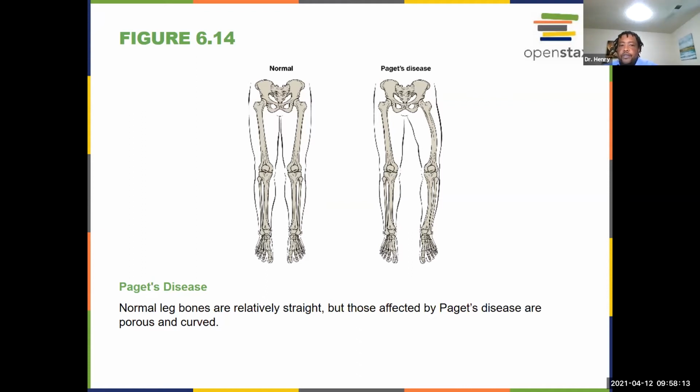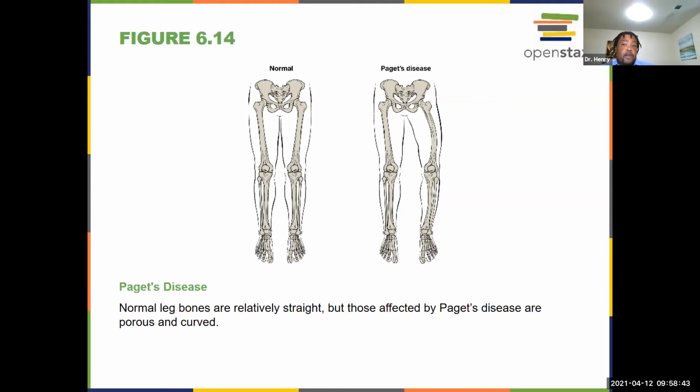In this case, you can see this is a normal individual, but this person is kind of bow-legged, right? We often refer to them as being bow-legged, but that is typically a result of the bone not forming correctly. So the bone itself is going to be more porous, meaning that there's going to be a lot more gaps in it. And it's also going to be very, very curvy. Now, that's going to affect the integrity of those individuals.